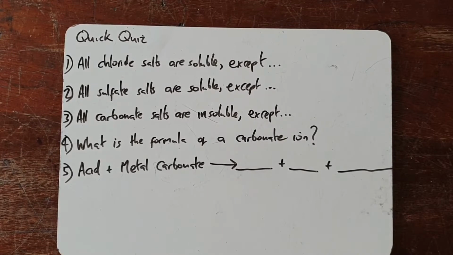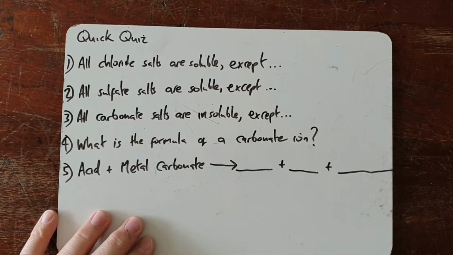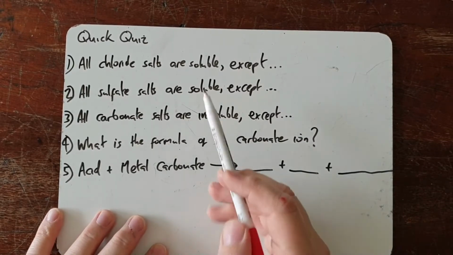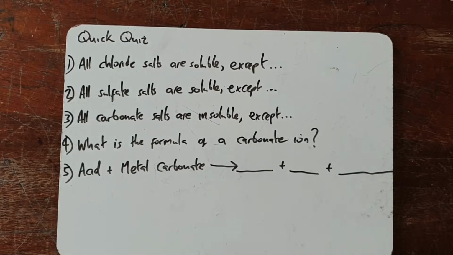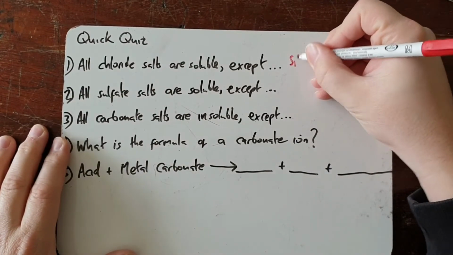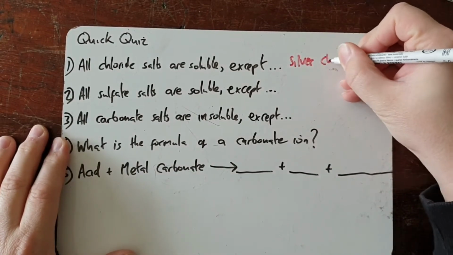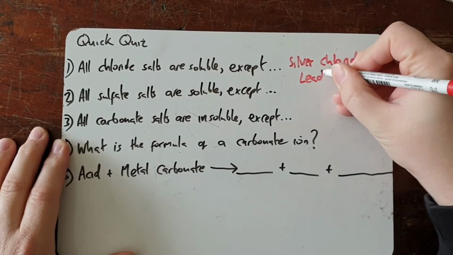Okay, so I'm going to go through these answers now. All chloride salts are soluble except for silver chloride and lead chloride.